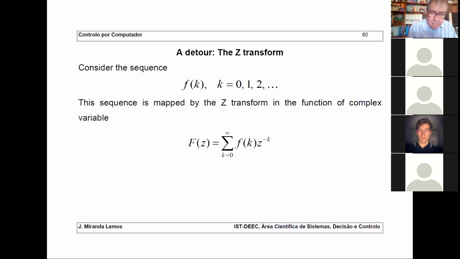Okay, but then came the Arabs, and they brought with them a different representation of numbers. They did not invent it, but brought it. Actually, this representation was invented in India, but it was brought to Europe by the Arabs.